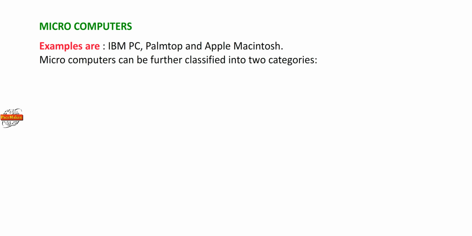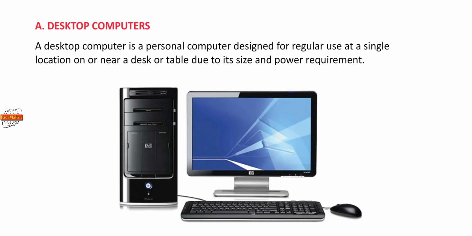Microcomputers can be further classified into two categories: desktop computers and portable computers. A desktop computer is a personal computer designed for regular use at a single location on or near a desk or table due to its size and power requirement.